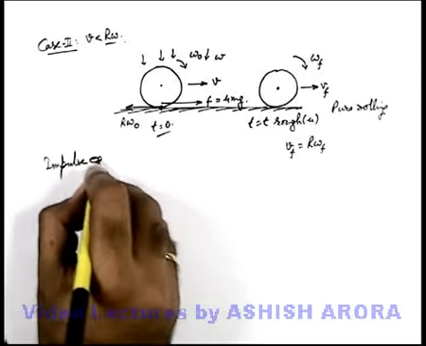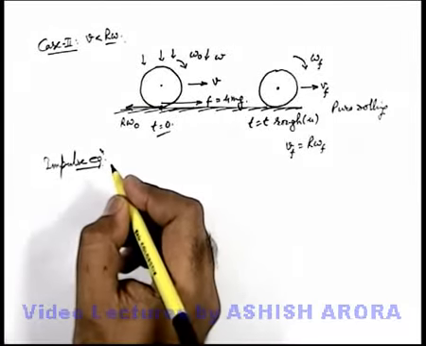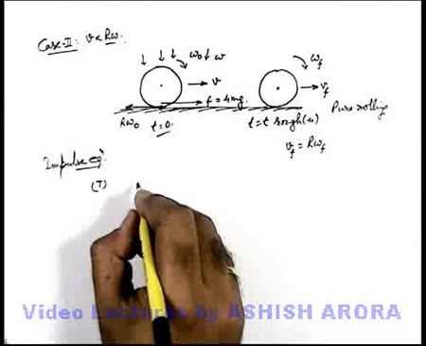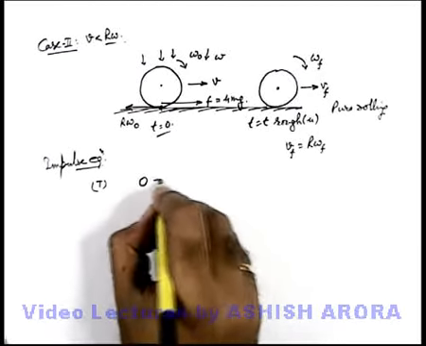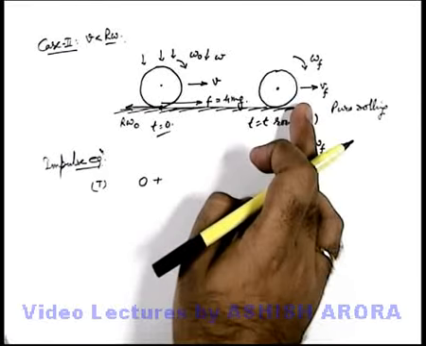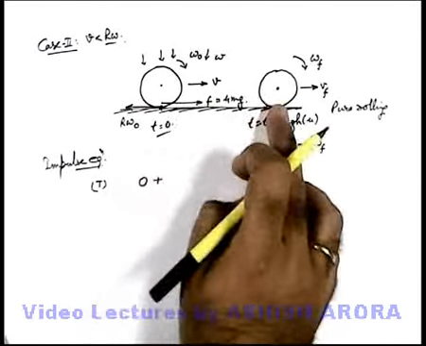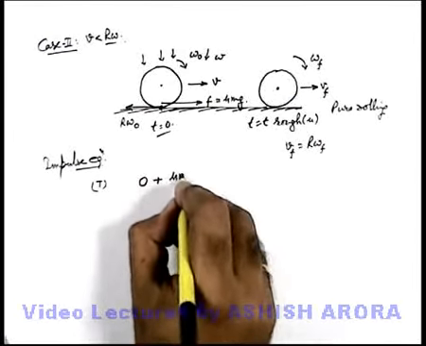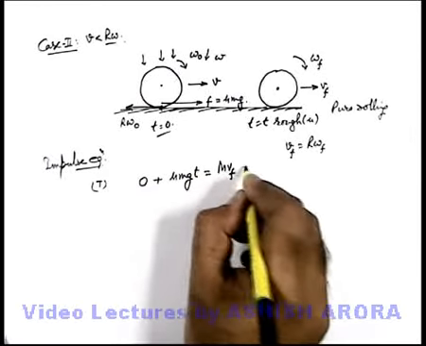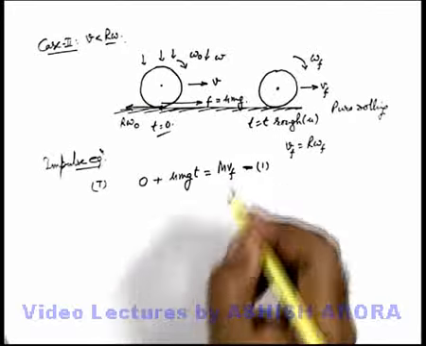For translational motion, its initial momentum was 0, so whichever momentum it is gaining is due to the force of friction, which can be written as mu mg t, and this equals m v final. Say this is our equation 1.